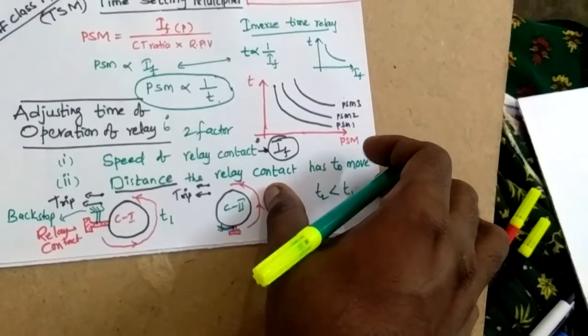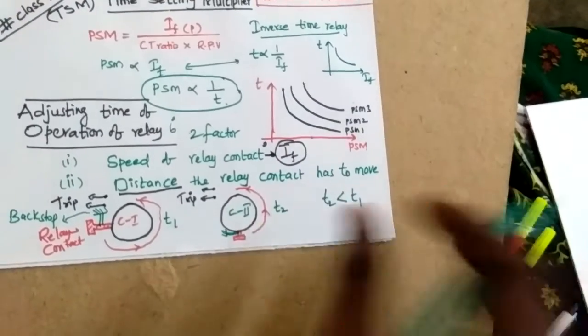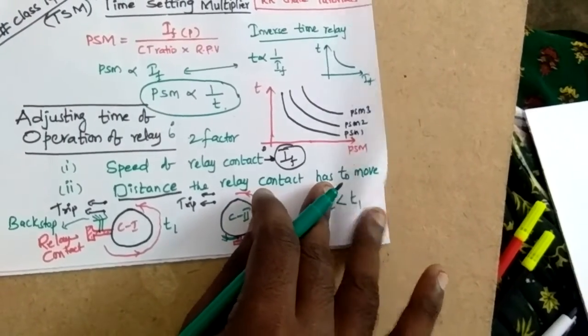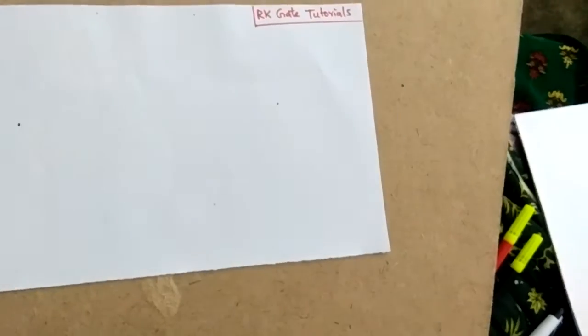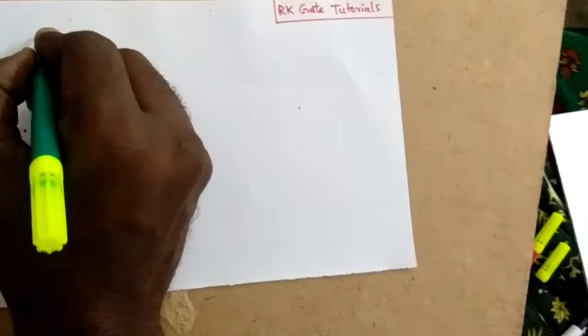And one more thing we have to remember. Now let us get into the details of the time setting multiplier. So what is the time setting multiplier?